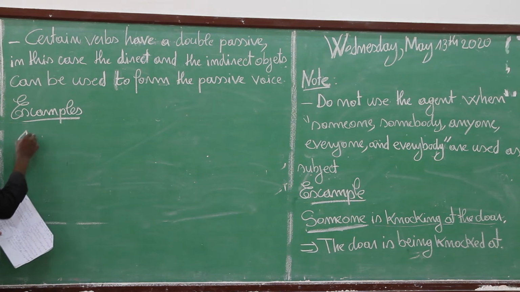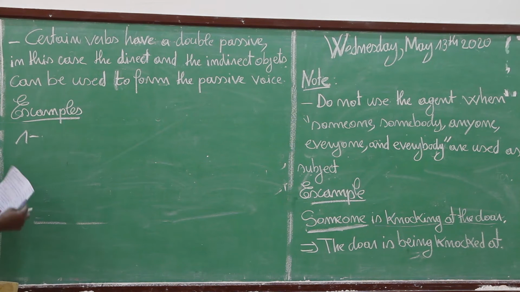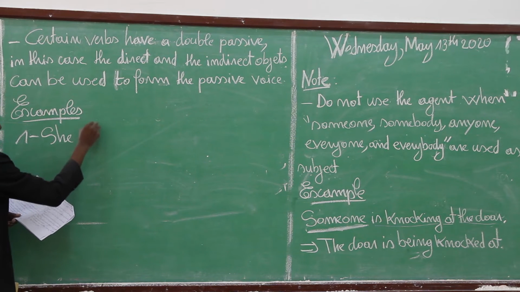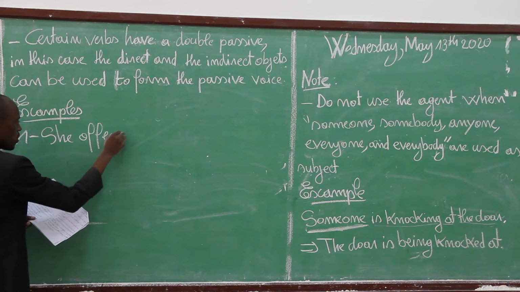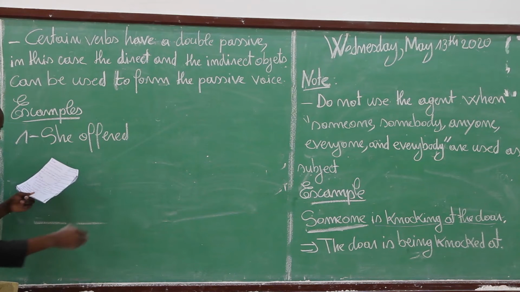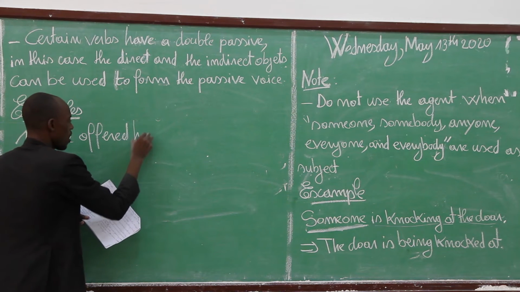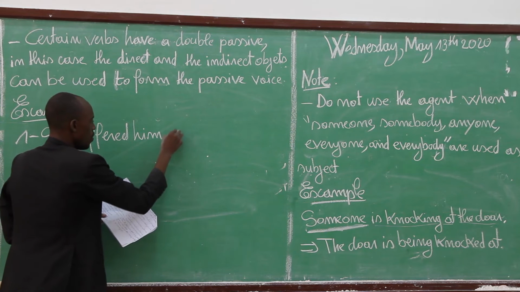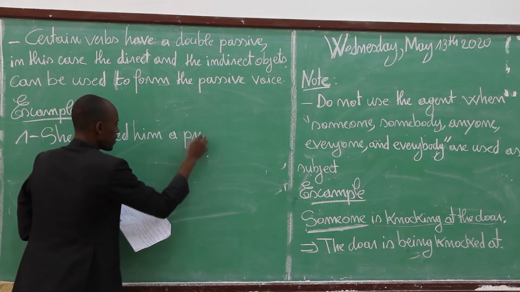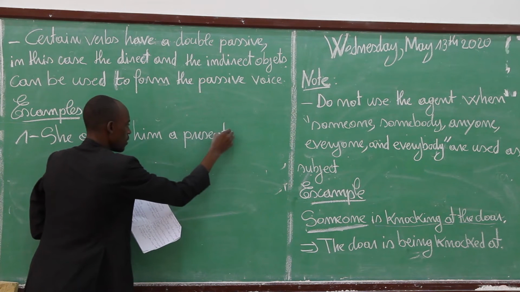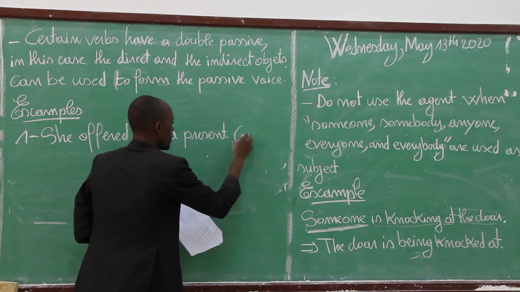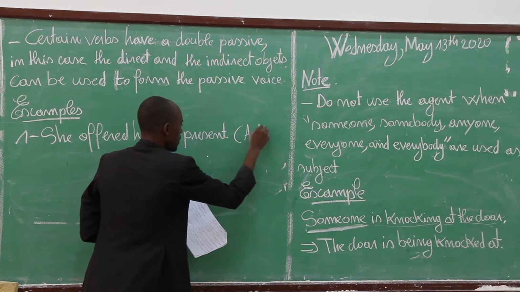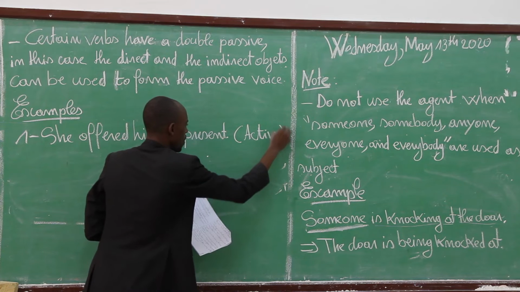We have the first one: she offered him a present, un cadeau, a present. This is active. The sentence is in active.